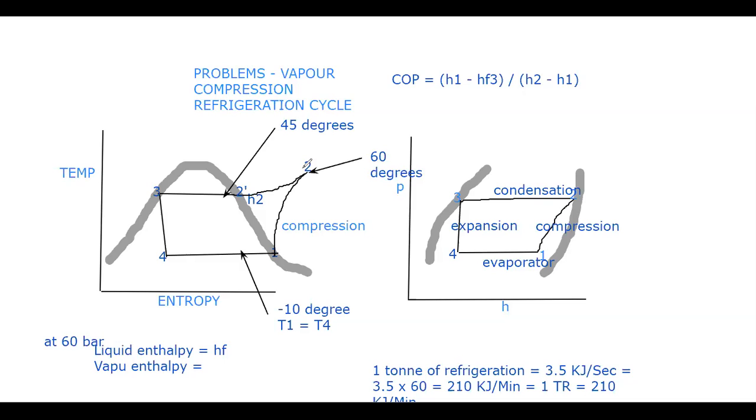So now your job is easy to calculate the enthalpy at point number 2, H2. So by doing this way, you calculated the enthalpy. H2 is equal to 500 kilojoules per kg. So now we have all the values in order to calculate the COP. So the COP of the refrigerator, you just see on the left side, I have written the formula vertically.